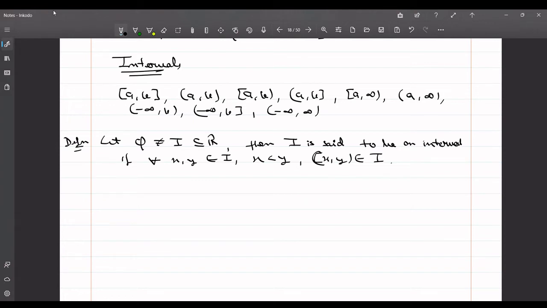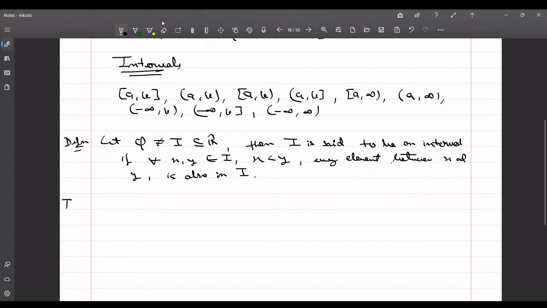Let me write it in statement form: every element between x and y is also in I.